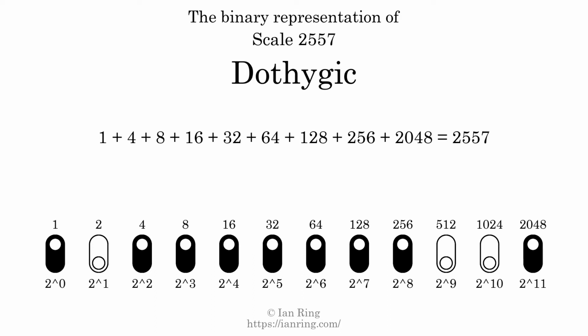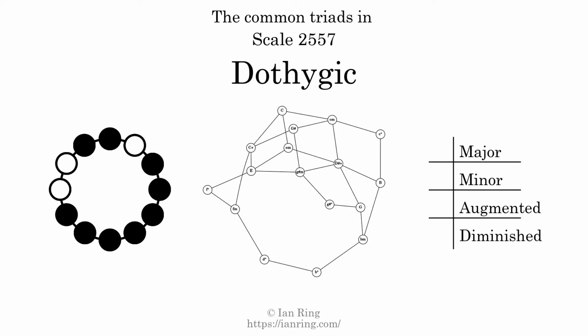That is why the scale number, in decimal, is 2557. The scale number not only enumerates the scale with a unique index, but it also literally describes the tonal content of the scale. Represented as a binary number in base 2, the scale number is 10011111101.